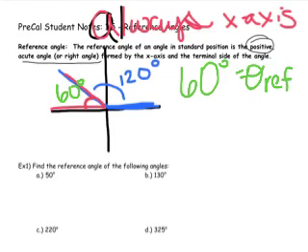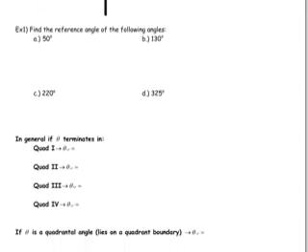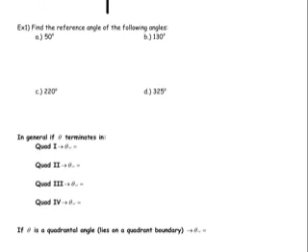Alright, so let's do some. Find the reference angle of the following angles. So 50 degrees. 50 degrees is right here. Now, this is an interesting case because I'm in quadrant 1, and as you can see, I'm going to an x-axis and I have an acute angle.